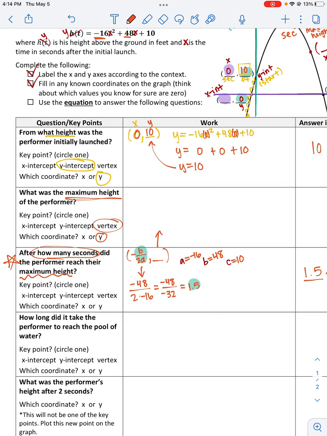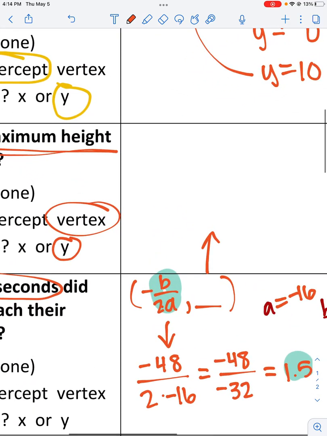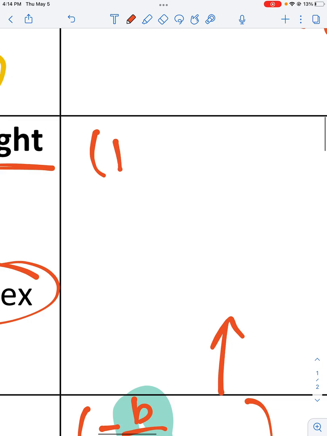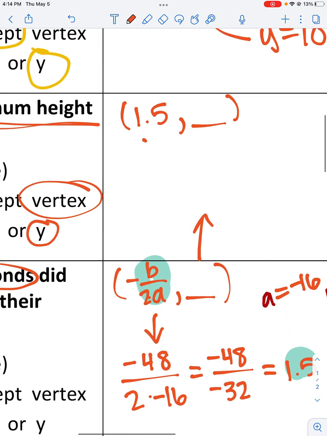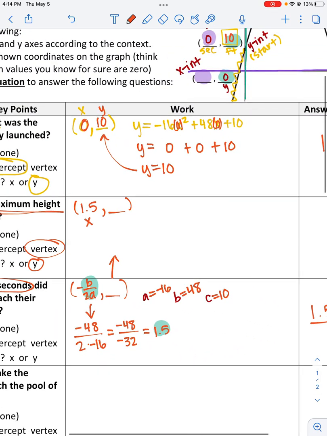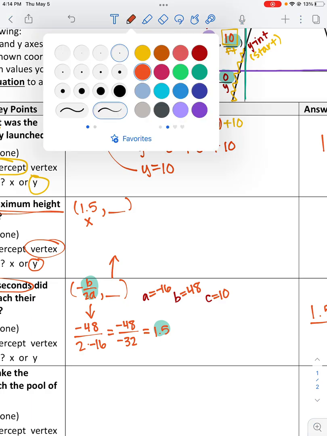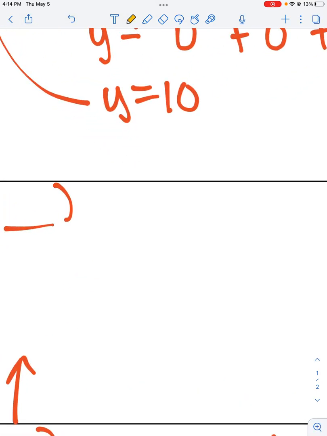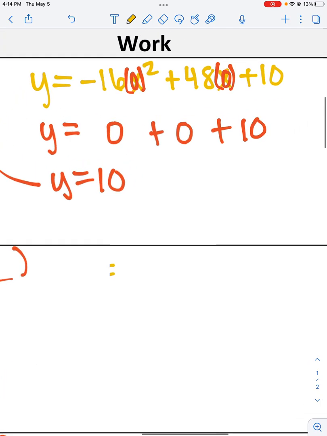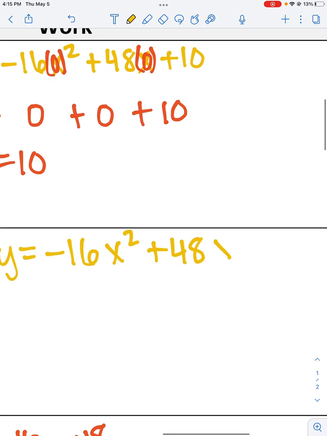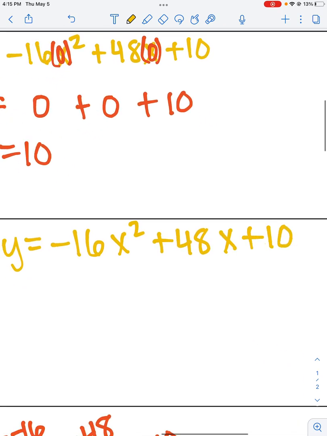And then to determine what that maximum height was, we are going to plug the x value, 1.5 seconds, into the equation just like we did here to get what that y value will be to go with the 1.5. So y equals negative 16x squared plus 48x plus 10.